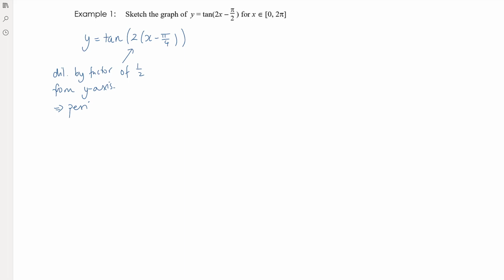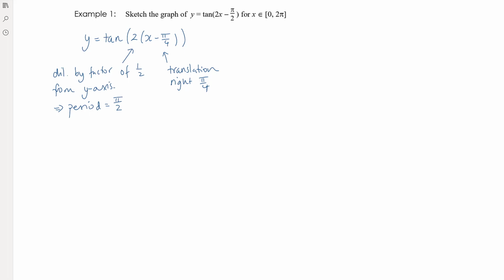The period of a regular tan graph is pi, and so the period of this tan graph will be half of pi. Then we've got this minus pi on 4, and so that is a translation to the right by pi on 4. Let's focus on getting the graph right, forgetting about the translation for a minute.